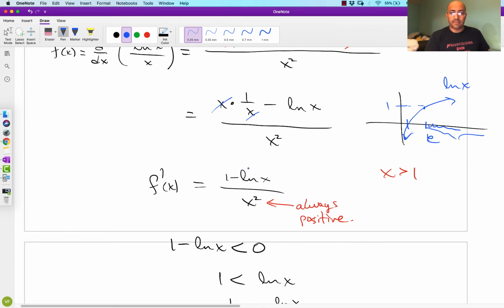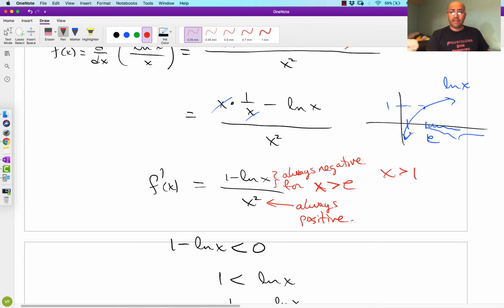Therefore, 1 minus this result will be negative. Good? So that's what we can conclude here. It means that this thing is always negative for x being strictly greater than the constant e.